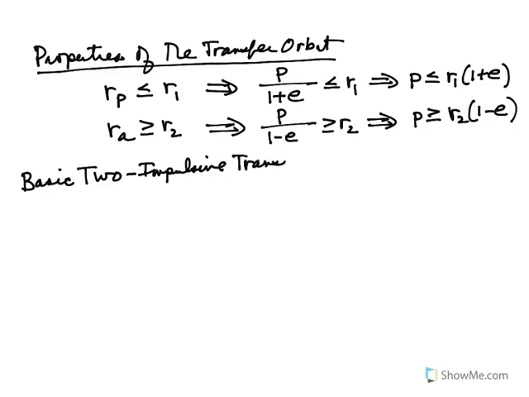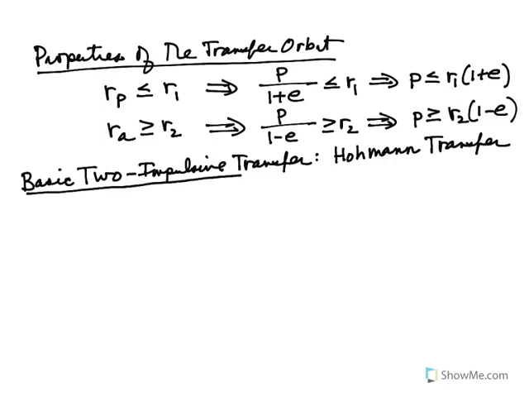It's not just that it's used a lot, but it's actually the basis for so much, because it turns out to be a very useful transfer, both in terms of its structure and in terms of the properties that, if you were to take an advanced course in orbital mechanics, you'd learn about. But for right now, it really has to do a lot with the structure. And I'm going to draw the Hohmann transfer first, and then I'm going to describe it.